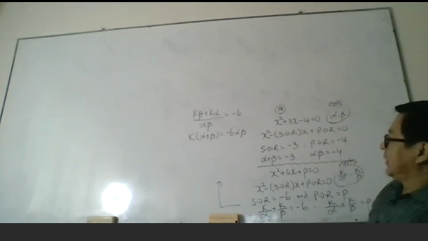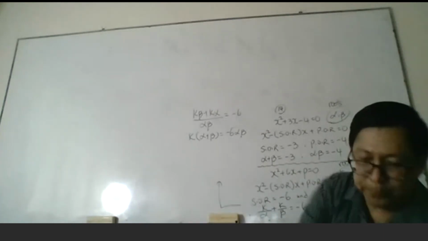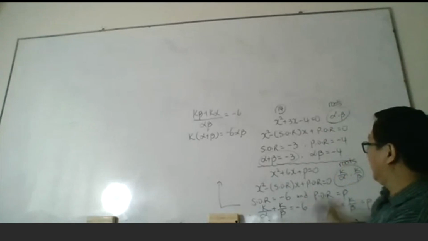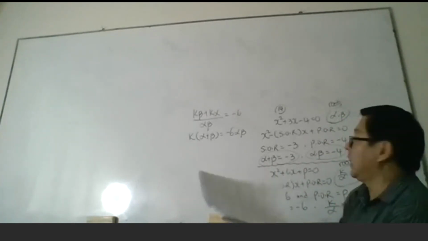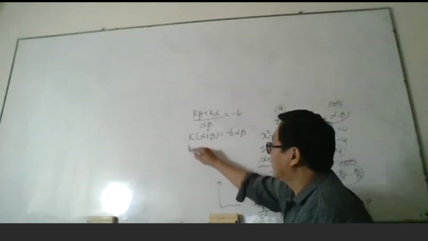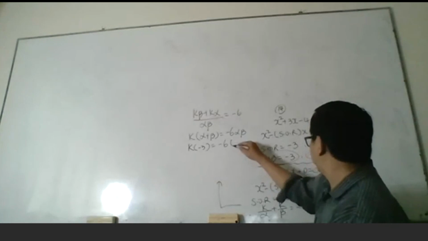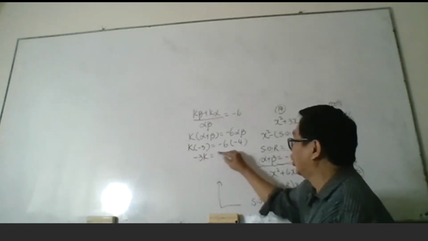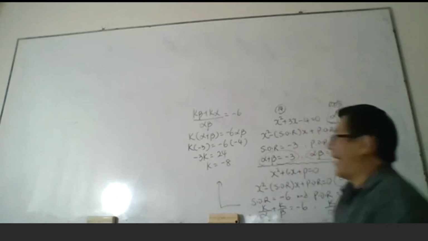And I want you to notice that alpha plus beta is equal to negative 3, and alpha times beta, you get negative 4. Just fill in the numbers: k bracket negative 3, negative 6 bracket negative 4. Negative 3k equal to 24, and k equal to negative 8.